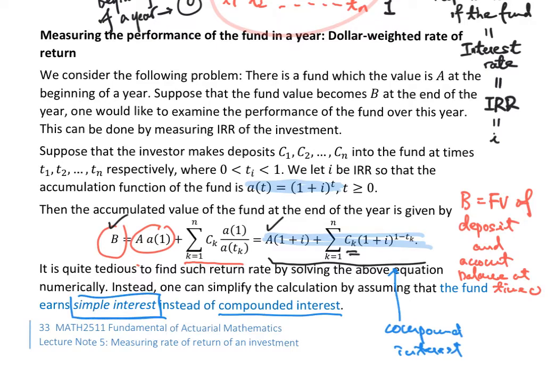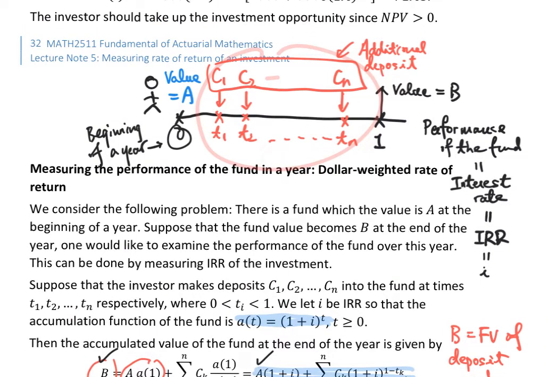Now of course some people may say that this seems inconsistent with what happens in real life, because we believe that every account in the real world should earn compound interest. But the reason why we do this approximation is because here we only talk about a 1 year time horizon, which is relatively short.